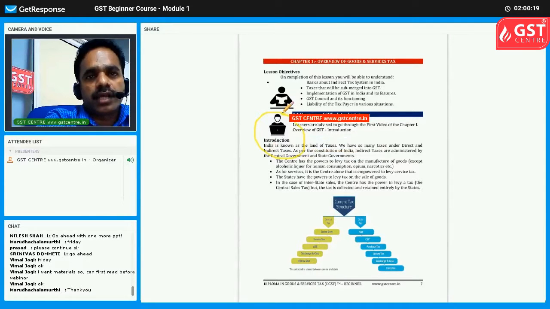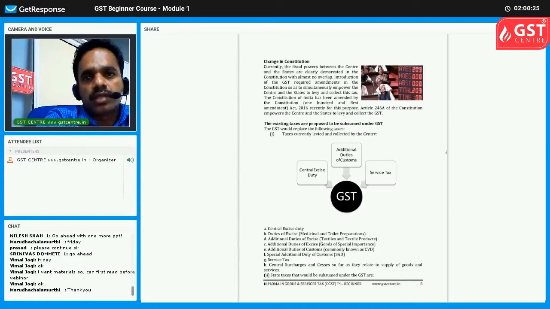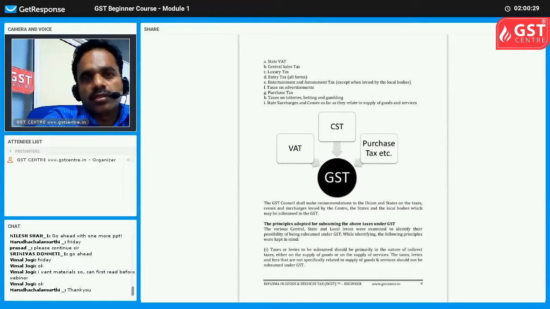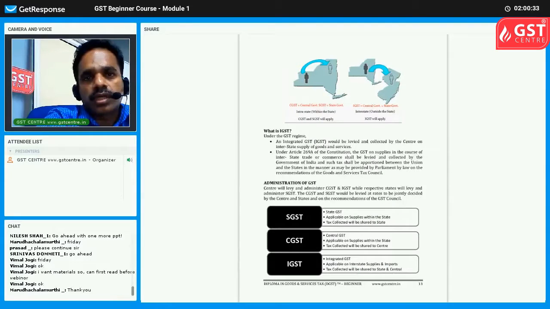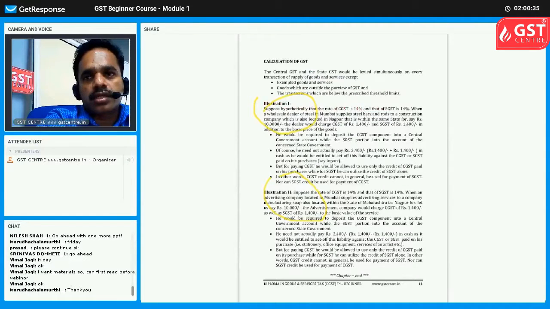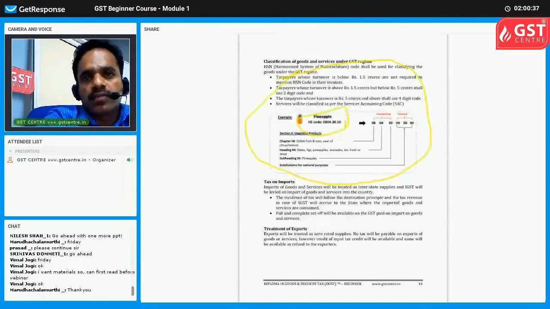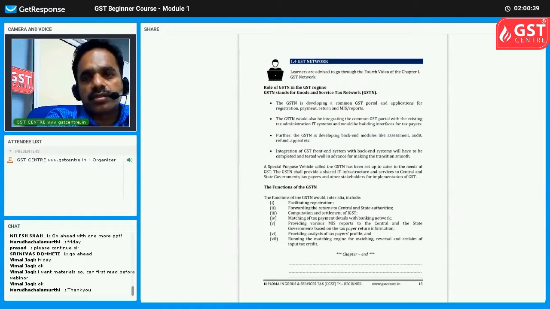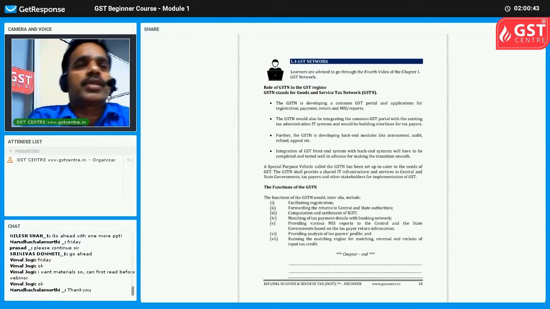There is a PPT video in the learning management system: overview of goods and services, overview of GST introduction, then what is GST, what are the taxes that are subsumed, and intrastate, liability of the taxpayers. All such chapters are there. I have already shown that, so there is no need to repeat.